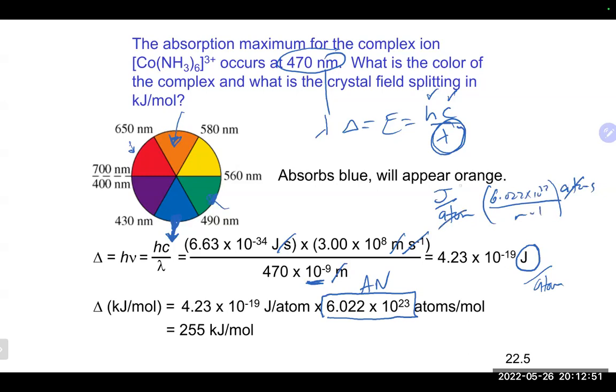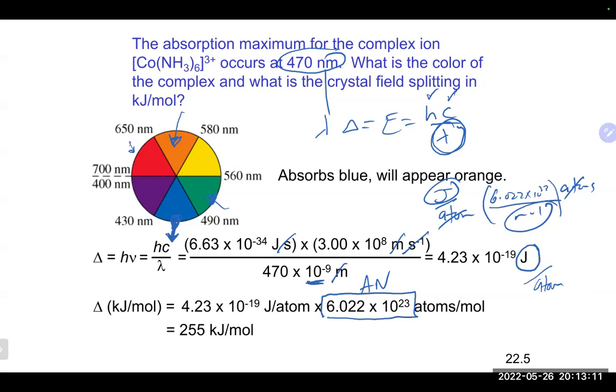The atoms cancel, leaving joules per mole, which you could then convert by dividing by 1,000 to get kilojoules per mole. So that is why we're using Avogadro's number there. Question on that calculation there?